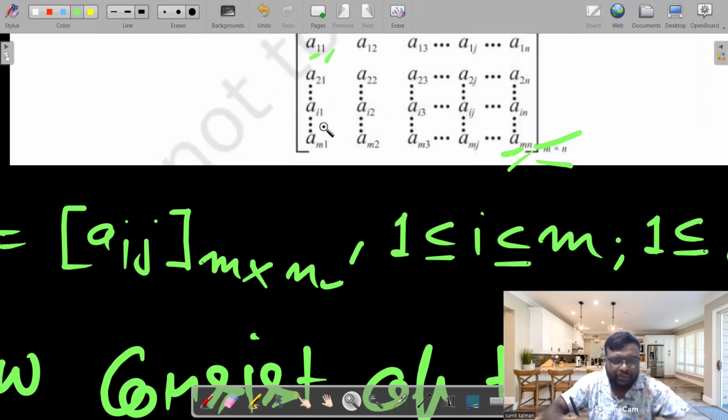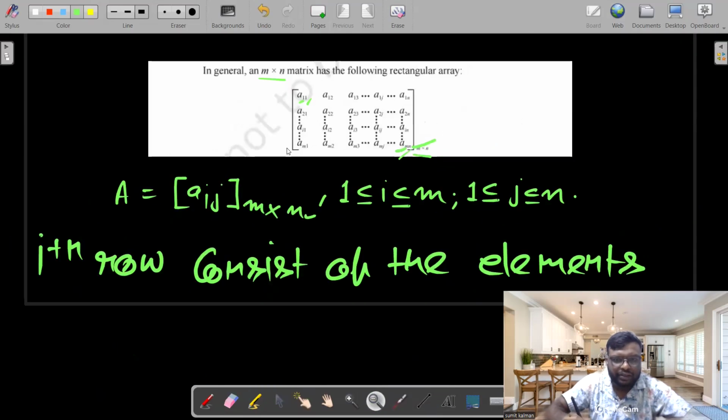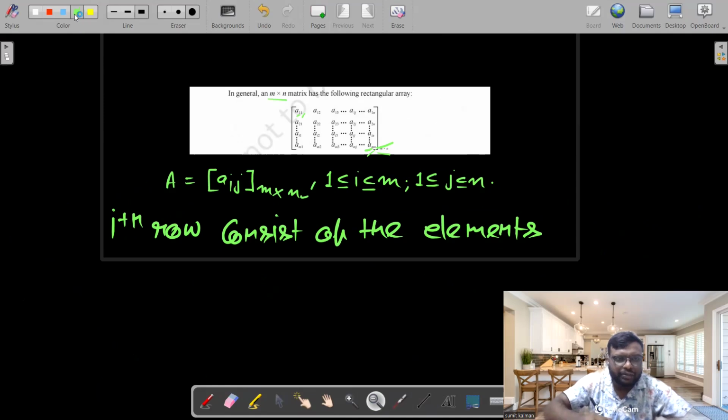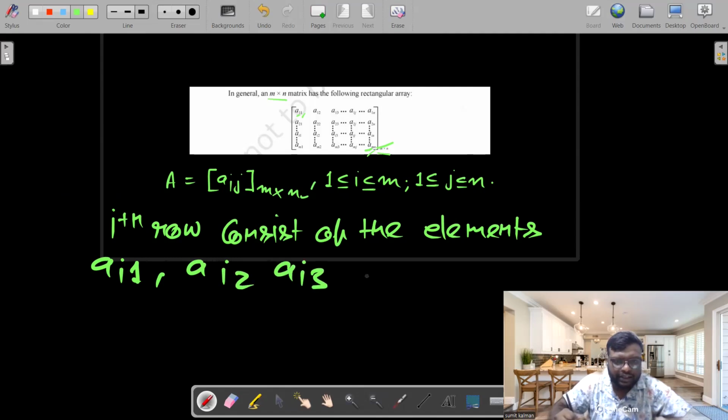Ith row consists of the elements Ai1, Ai2, Ai3 to Aij to Ain. So we will write this. Ith row consists of the elements Ai1, Ai2, Ai3 to Ain.